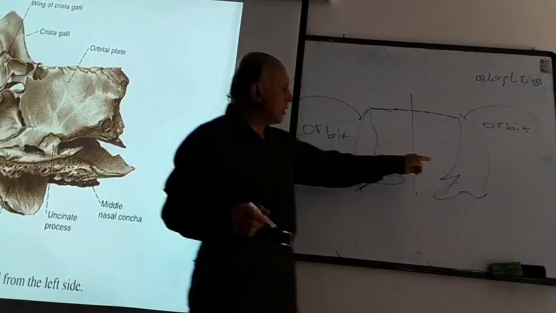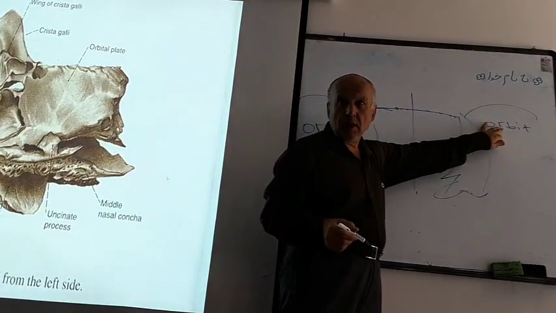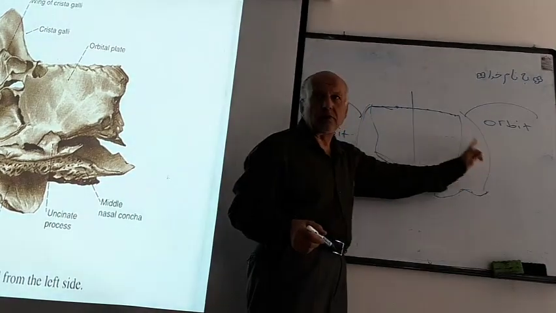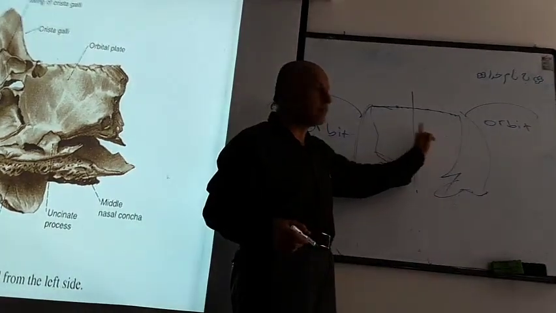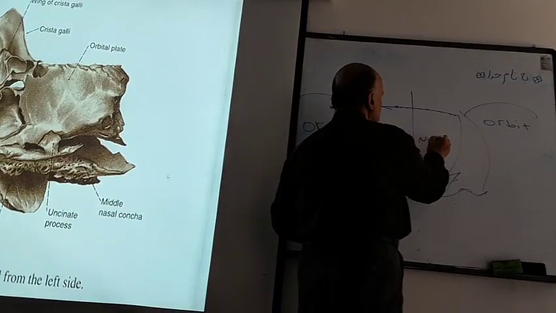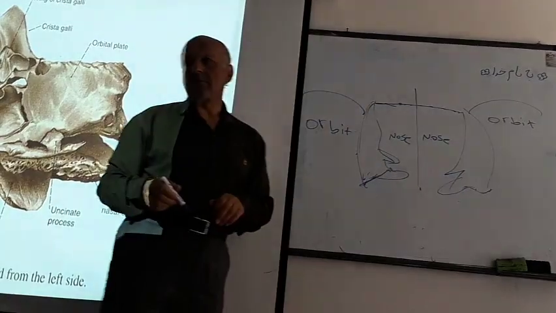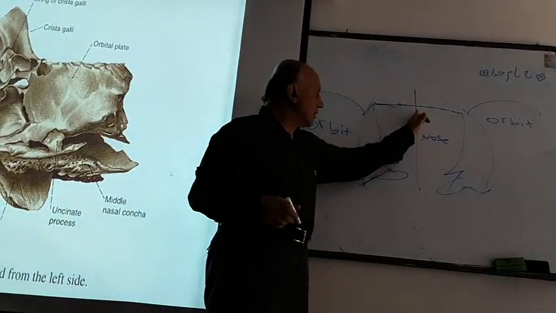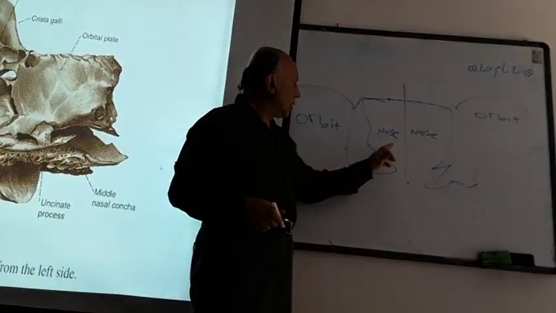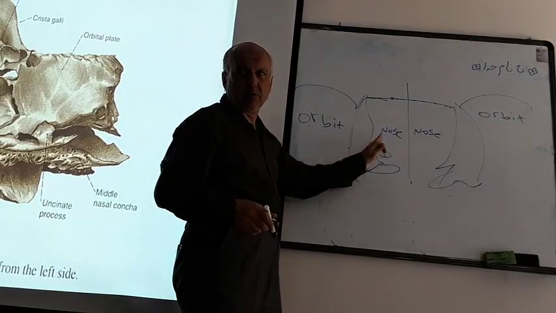This lateral mass is medial wall of orbit. But this lateral mass is lateral wall of the nose. The vertical plate is in the septum of the nose, but the lateral mass is in the lateral wall of the nose.